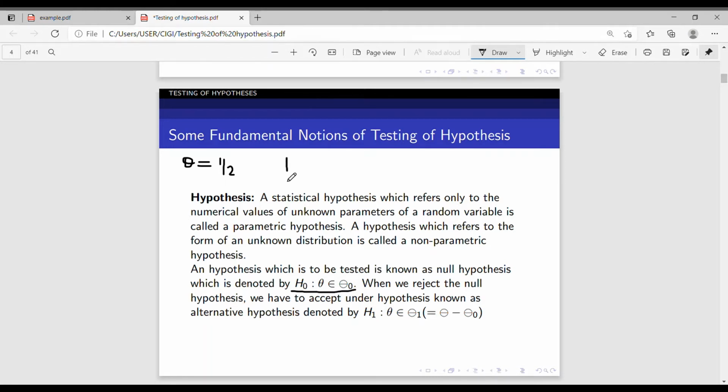The null hypothesis will be of the form H naught: p equals 1 by 2. Here we are testing the statement about the parameter p. In this example, capital theta naught is the set of all p such that p equals 1 by 2.